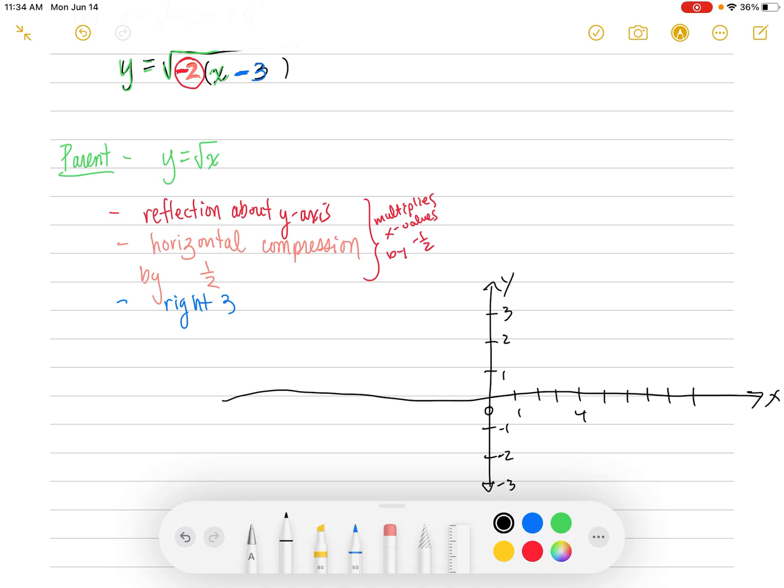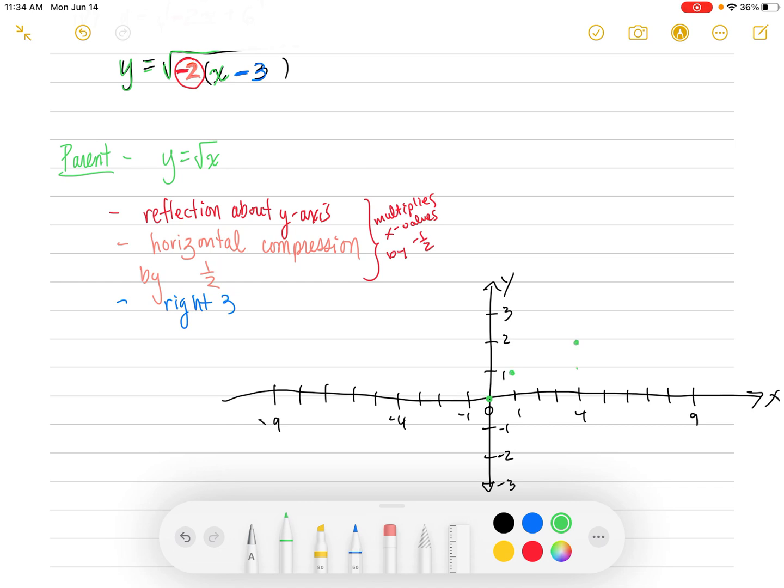X-axis values, I'll go from 0, 1, 2, 3, 4, 5, 6, 7, 8, 9, and negative 1, 2, 3, 4, 5, 6, 7, 8, 9.